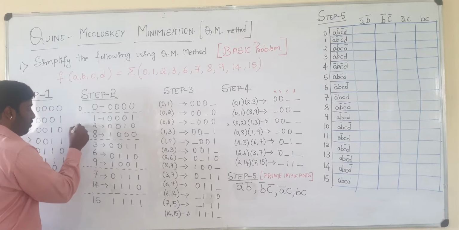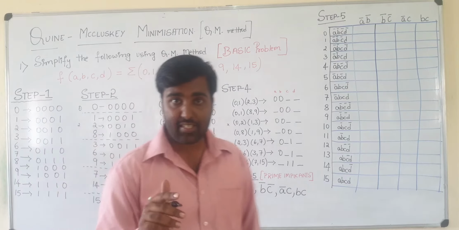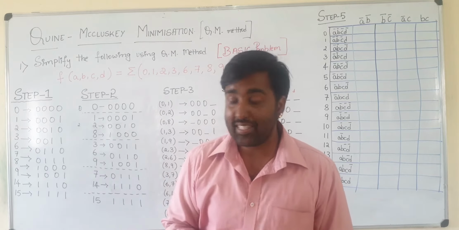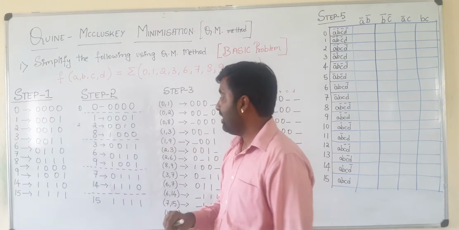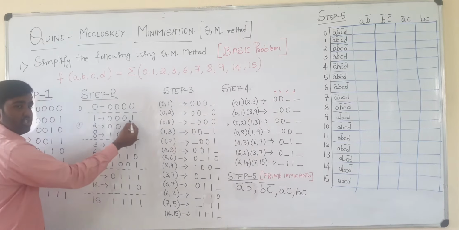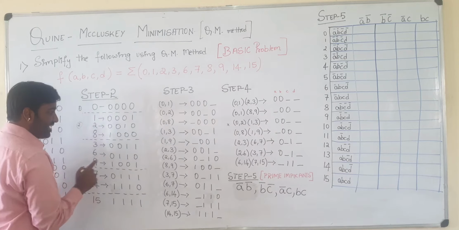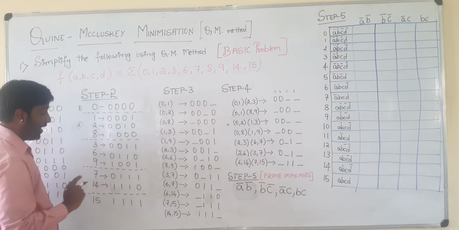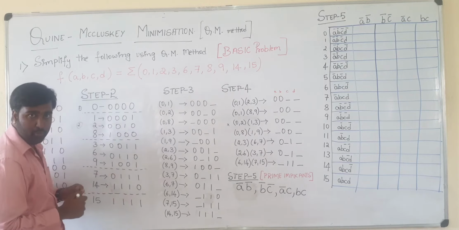The second group is all the numbers which consist of a single one: 0001, 2 has only one 1, and 8 has a single bit as 1. So these three numbers will be considered as one group.